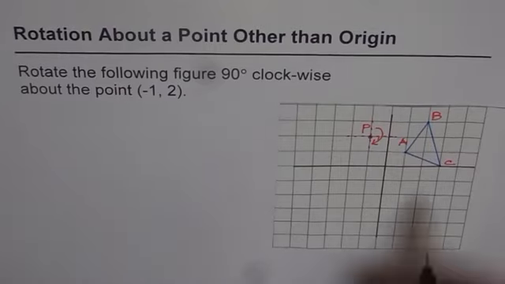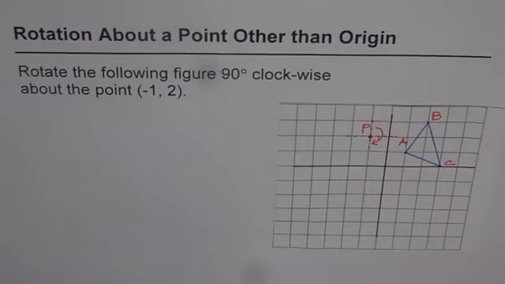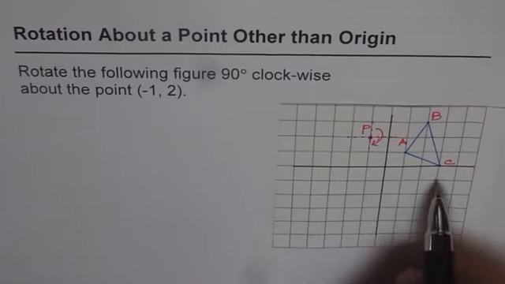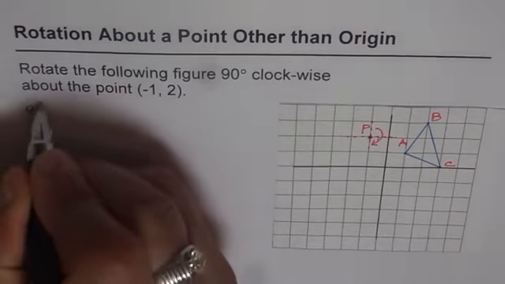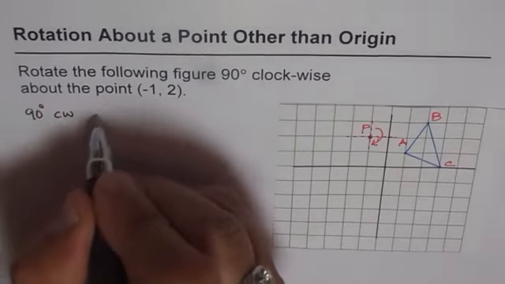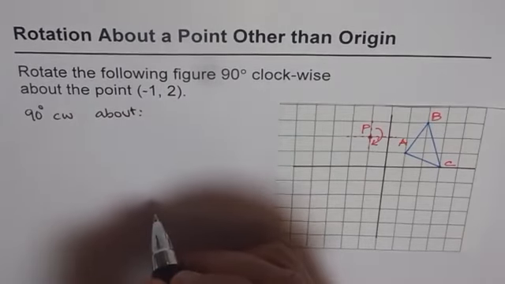But this time the rotation is about a point which is not origin. How to do that? If you recall, when we rotate 90 degrees clockwise about origin, what happens to x and y points?